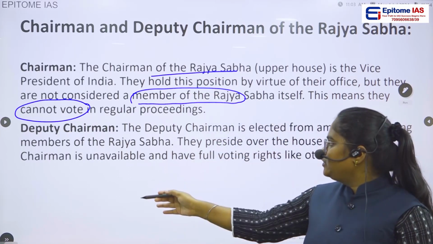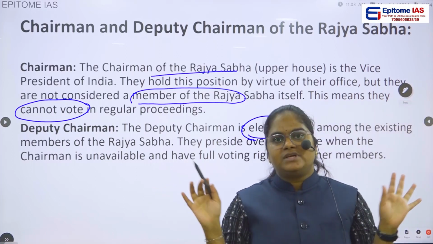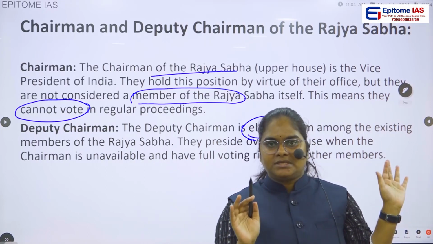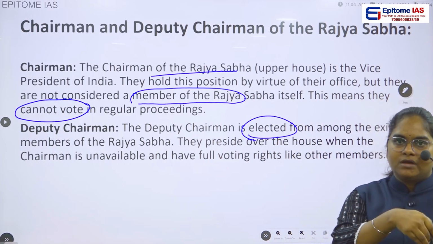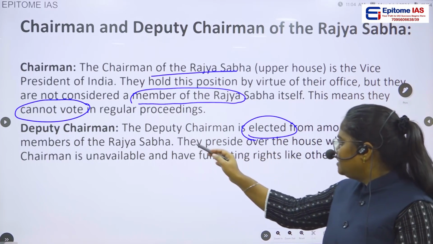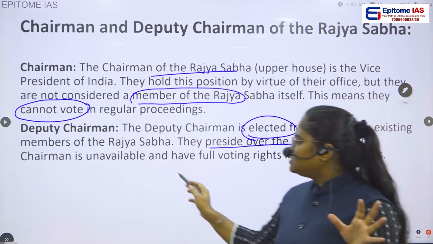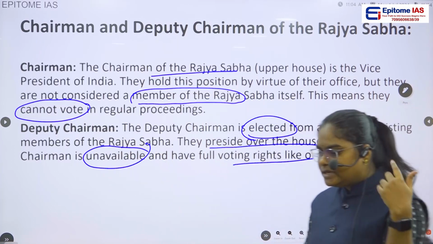But the deputy chairman is actually elected from among the members of the Rajya Sabha. Okay, so he belongs to the Rajya Sabha. He is a member of the Rajya Sabha. So when the deputy chairman presides over the house when the chairman is not available, he has full voting rights like any other member.